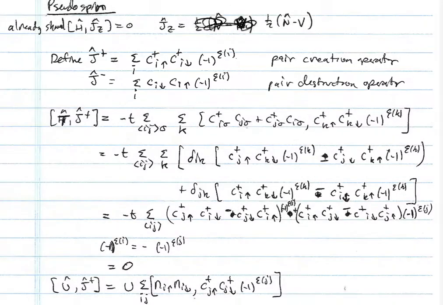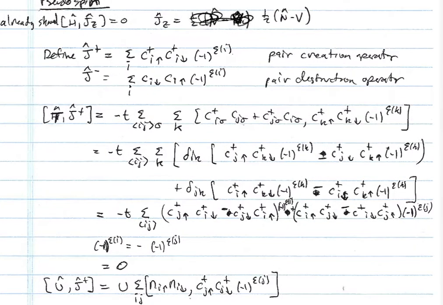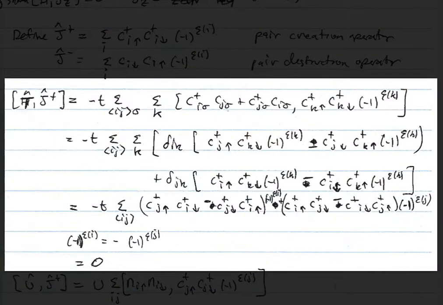So now if we commute the hopping term with the J plus, I'm not going to read out all of those terms. You should pause the video and go step by step through that and verify that you get that the result is equal to 0.